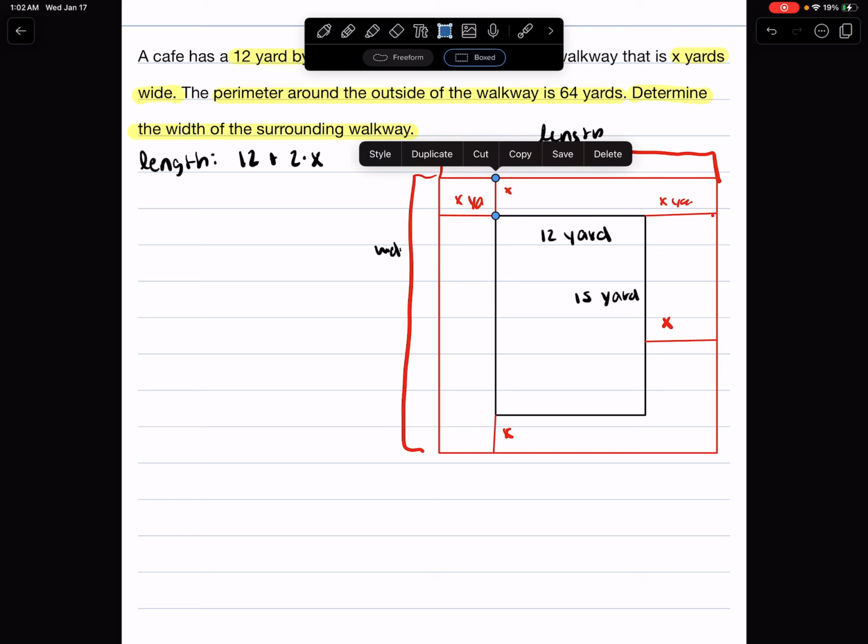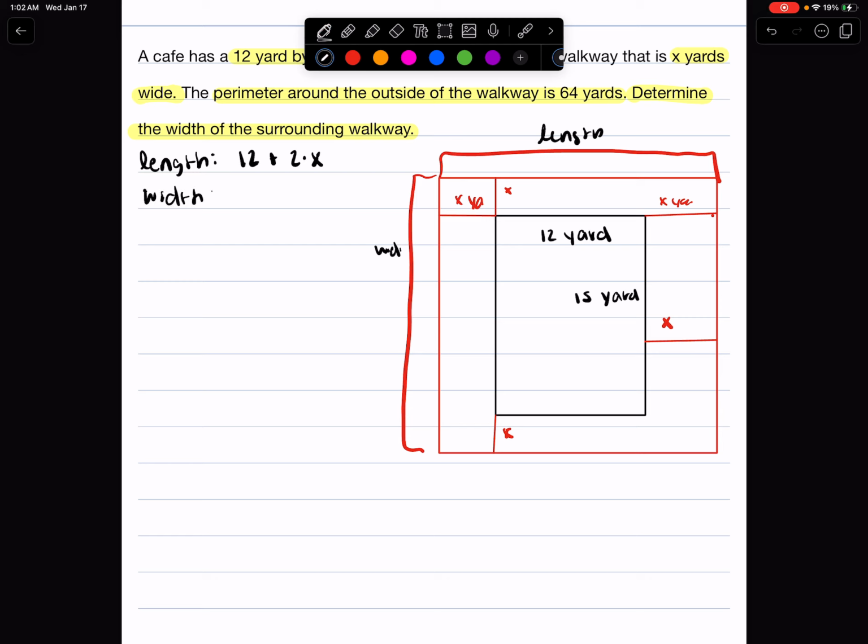And so we can represent the width with 15 plus 2X.